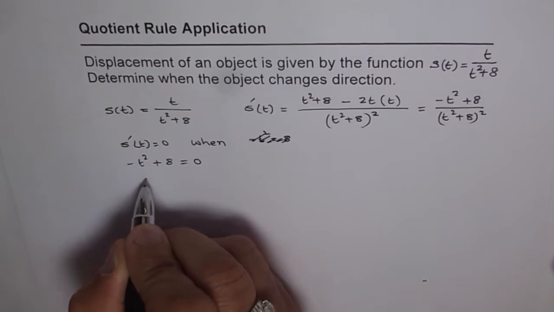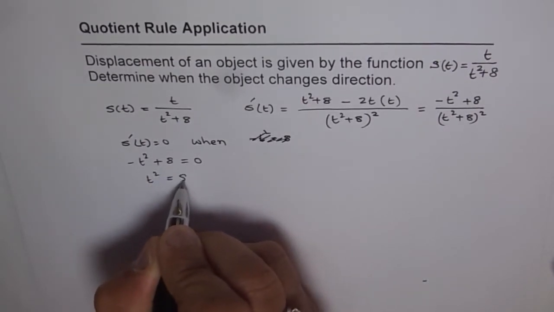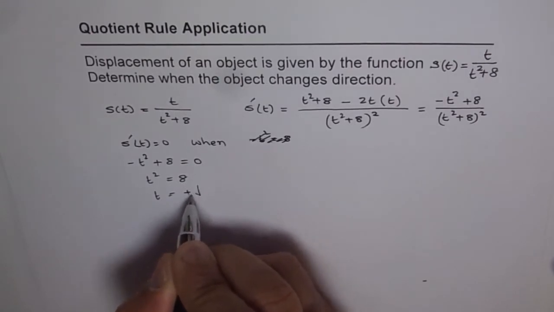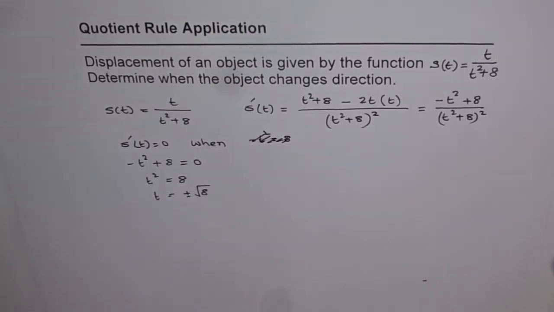That means t squared equals 8, or t equals plus minus square root of 8. So these are the points, plus minus square root of 8.